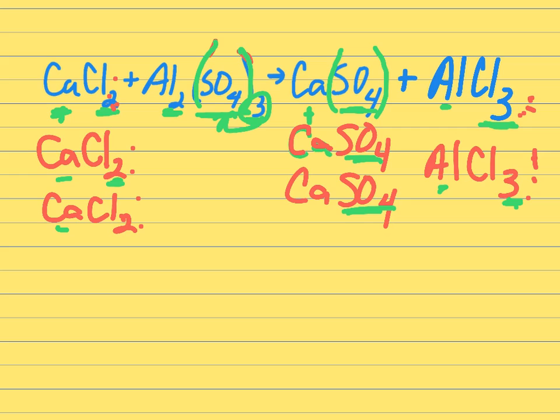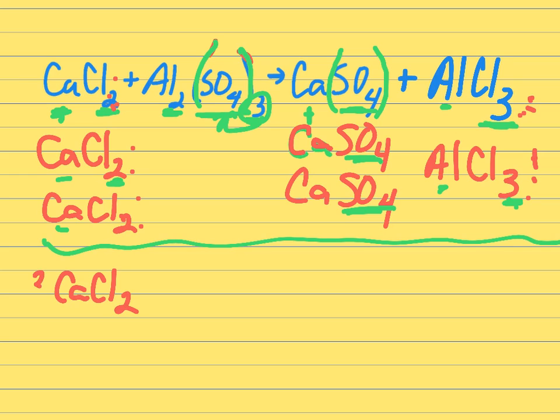We're all balanced now, so let's rewrite this as a balanced chemical equation. So I have CaCl2, and I have 3 of those, right? 1, 2, 3. Don't forget the one that you started with.